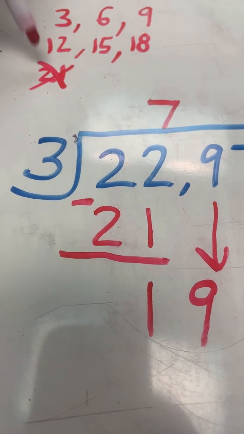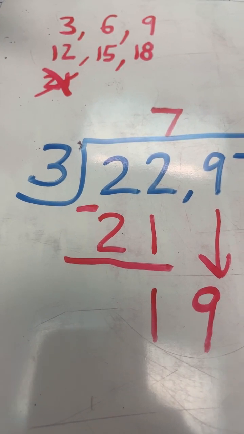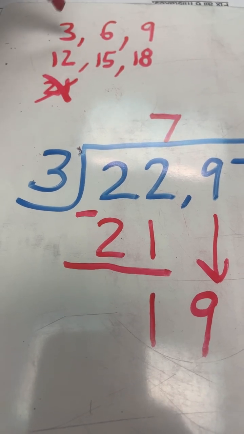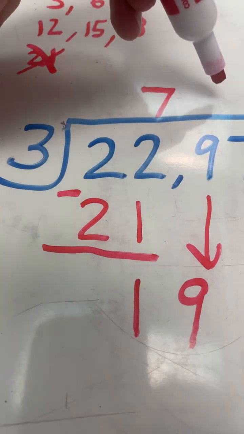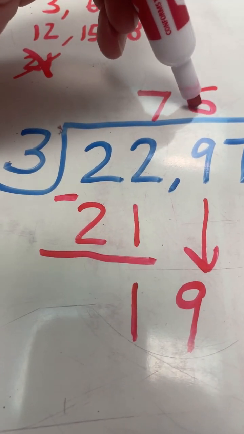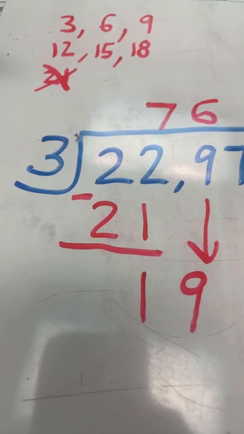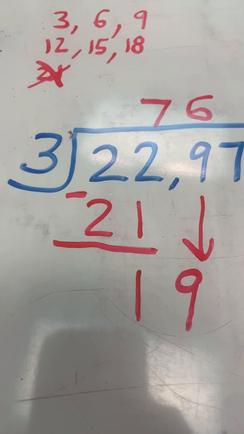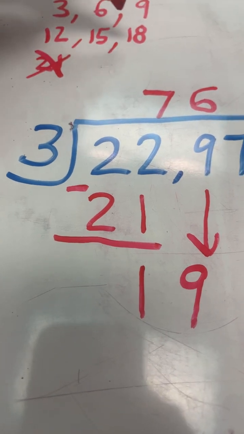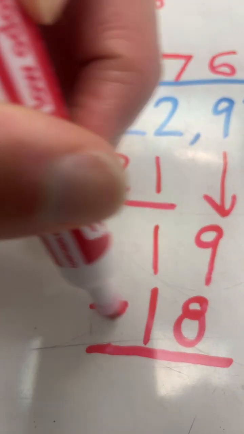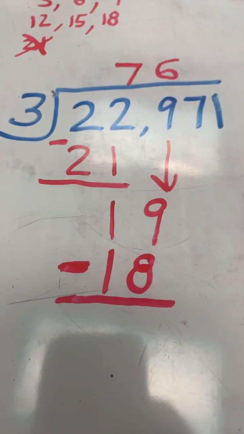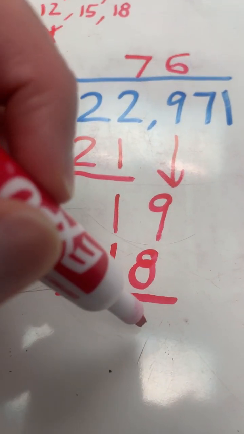Now if I go up to 21, that's too far. 21 would be past 19. But I was able to get 1, 2, 3, 4, 5, 6 groups of 3 within the number 19. So 19 divided by 3 is 6, with a remainder. To find our remainder, we have to subtract the closest we could get to 19. We have to subtract 18 from 19 because 18 was as close as we could get to 19 without going over. So 19 minus 18 equals 1.